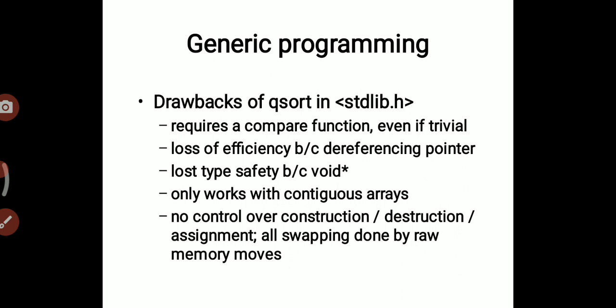Next topic, generic programming. Drawbacks of qsort in the std library: it requires a compare function even if trivial, loses efficiency because of dereferencing pointers, loses type safety, works only on contiguous arrays, and gives no control over construction, destruction, and assignment.